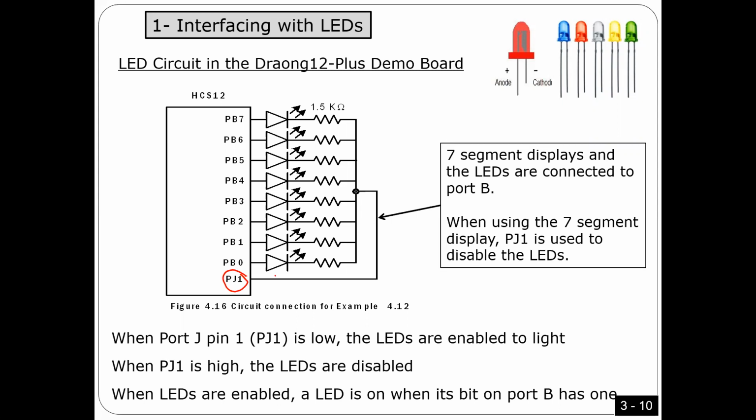All you have to do, very simple, is just put zero here. If you put zero here, you enable the LEDs, because logic zero means 0 volt. So if you put 0 volt here, and the pin has 5 volt, the LED should be on. However, if you put logic 1, or 5 volt, then whatever you put on the pin, the LEDs are off all the time.